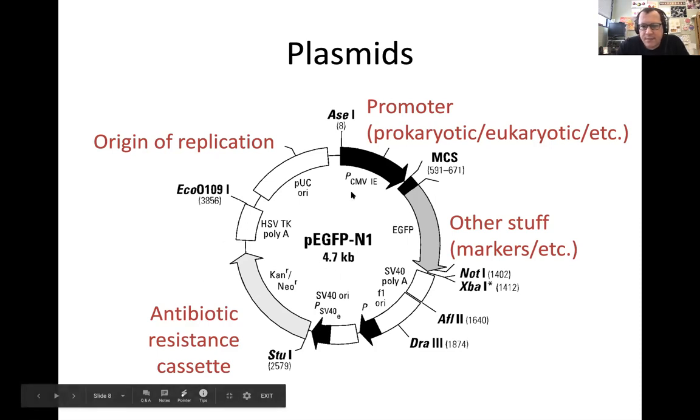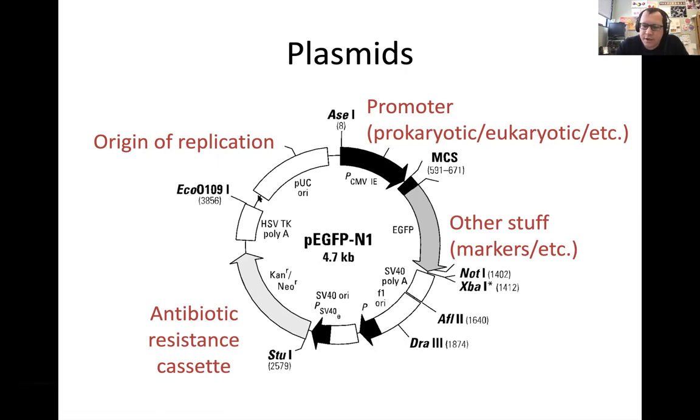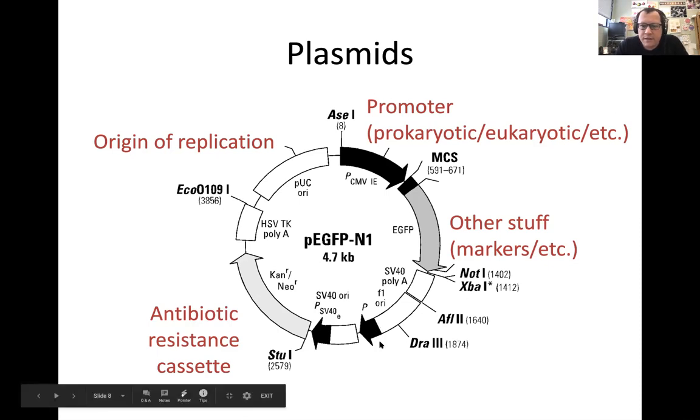If you were to just take bacterial culture media and put some E. coli in there, it's possible that the culture could get contaminated with bacteria that don't have these plasmids in them. So that's one of the ways that we use these. And so you're going to be growing up some bacteria, have some kanamycin in the media, and then extract them.